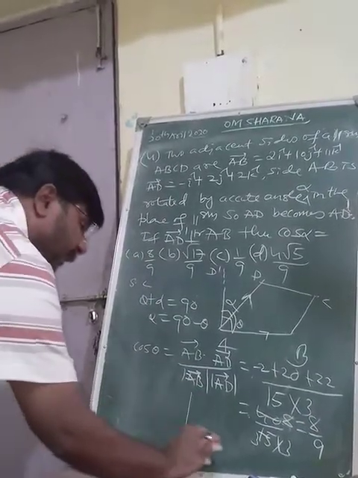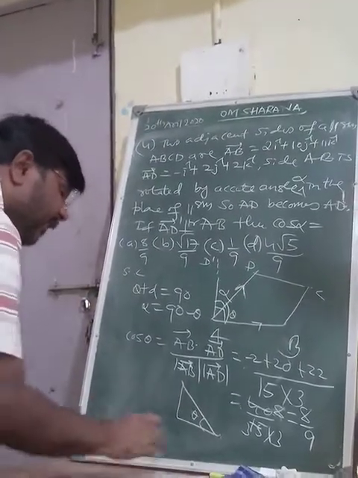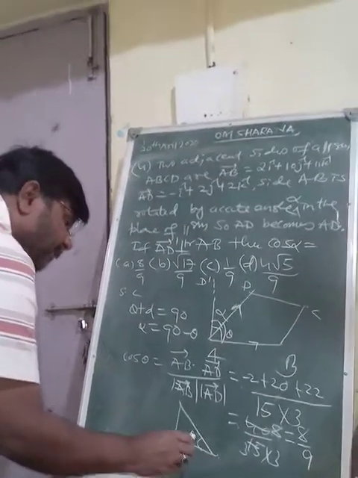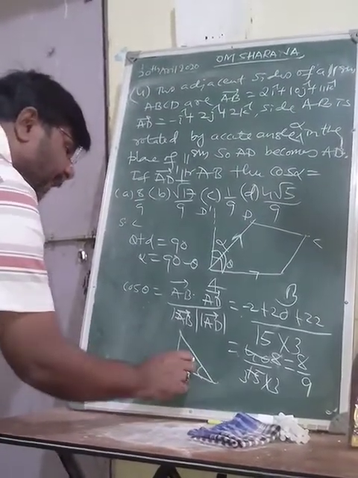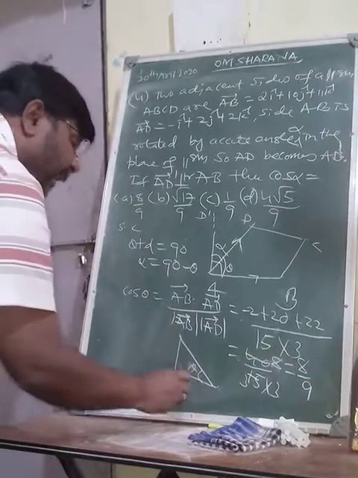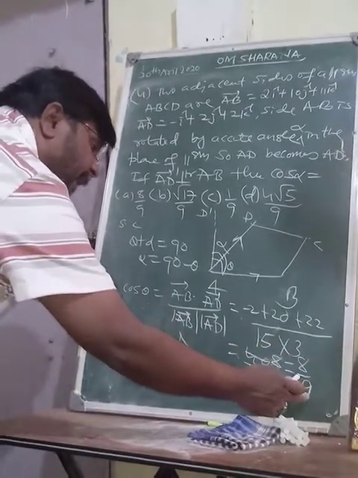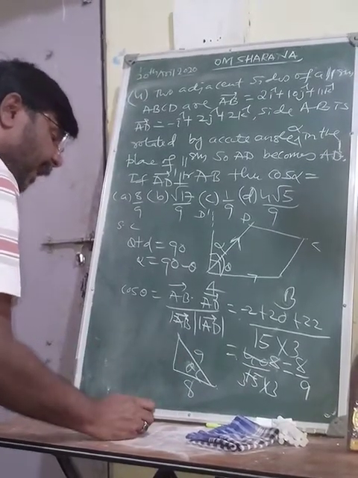So if you take like this, this angle is theta, isn't it? Then if this angle is alpha, cos theta value is 8 by 9. Cos is adjacent by hypotenuse. Adjacent is 8, hypotenuse is 9.